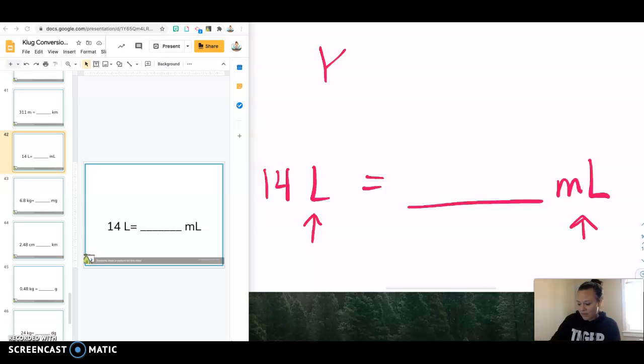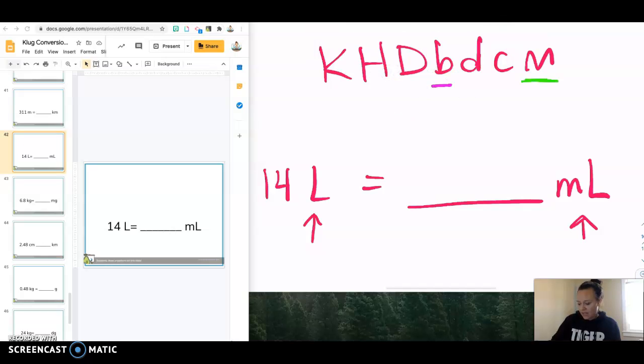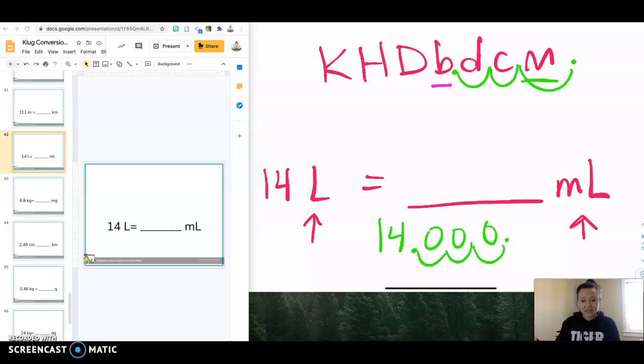So I'm going to put this out on my board, KHDBDCM. I'm starting at my base and going to my milli, so I'm going to move my decimal 3 times to the right. 1, 2, 3. So I'm going to take my 14 and move that decimal 1, 2, 3. Do y'all agree?